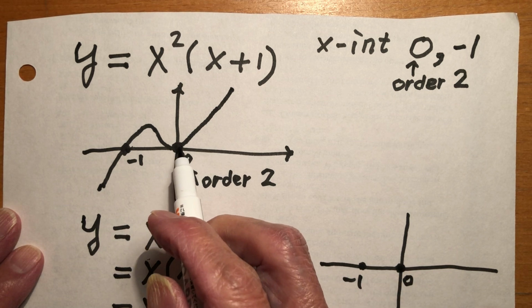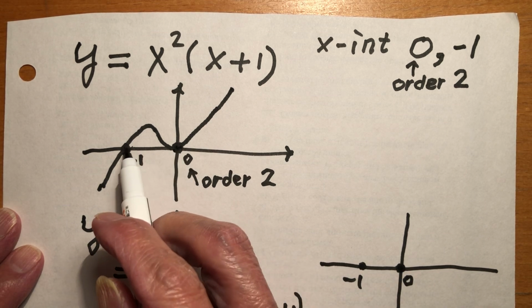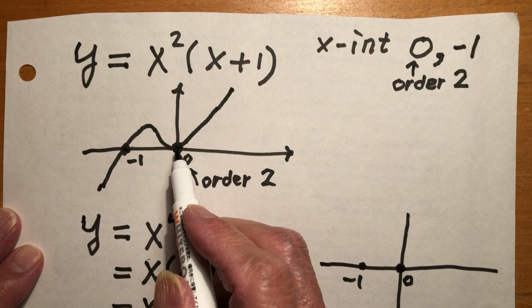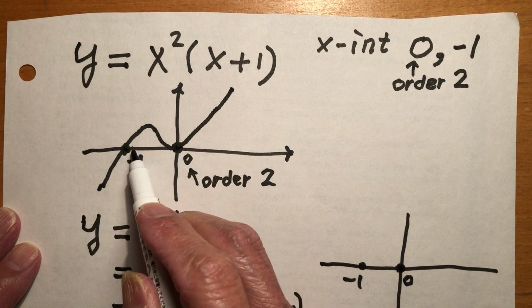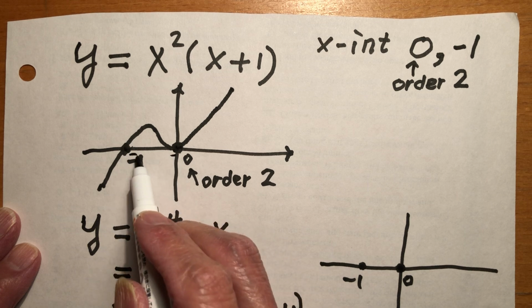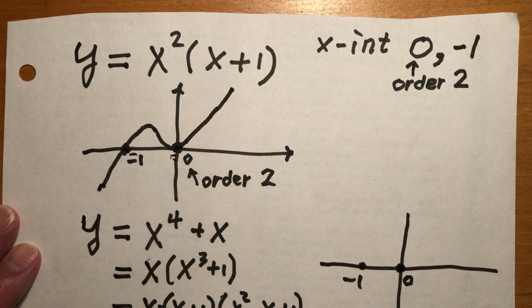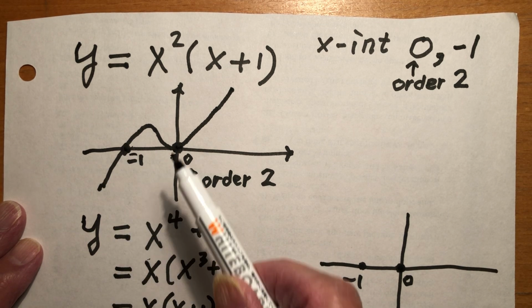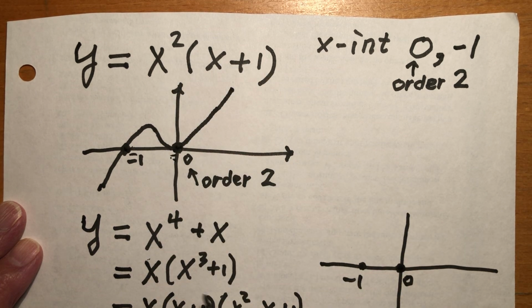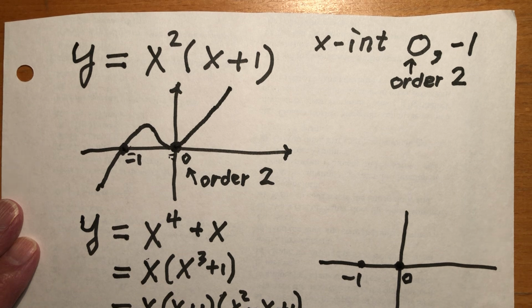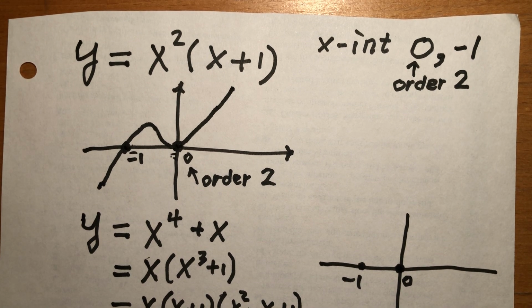This is very similar to the previous graph as far as the x-intercepts are concerned, but it is different, okay? The functions are different. How do I graph this then?